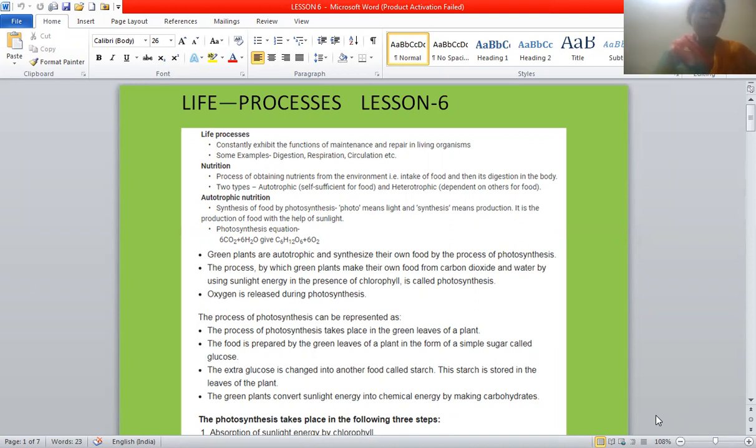These are all life processes we will study one by one. Life processes constantly exhibit the functioning of maintenance and repair in living organisms, such as digestion, respiration, circulation, movement, nutrition.